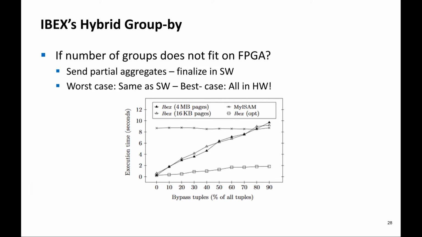And you see that if you run everything in CPU, it basically doesn't matter how many groups there are or how large the groups are. But with our hybrid solution, if everything fits on the FPGA, we get a very good performance, and then it will degrade slowly to the same performance as you would get on a normal CPU.